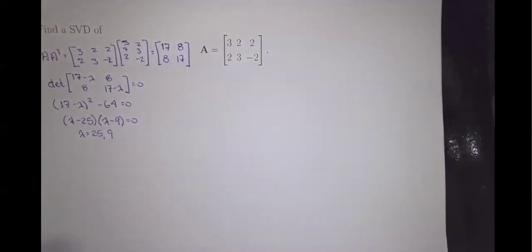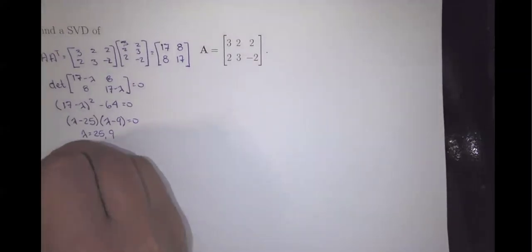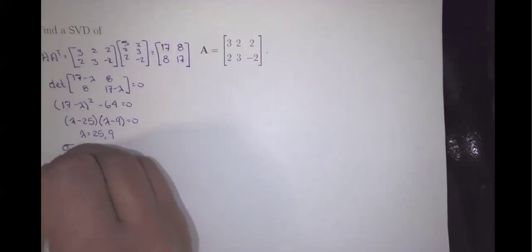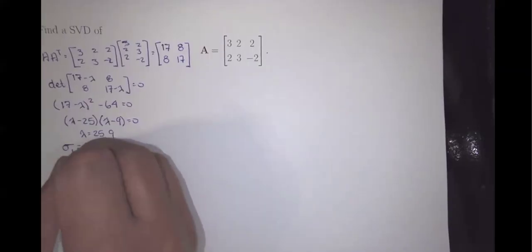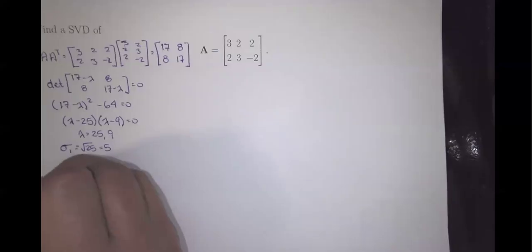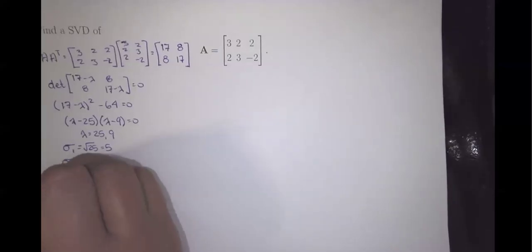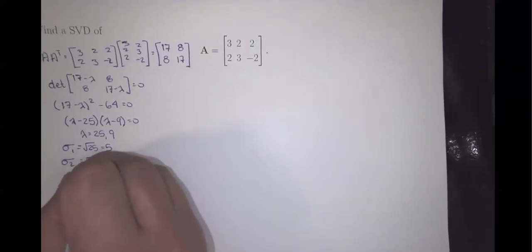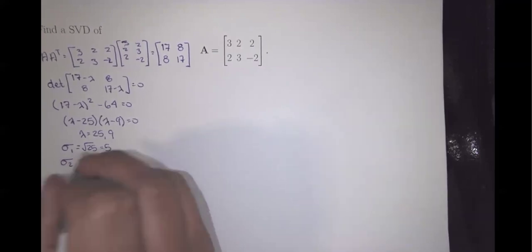So those are our two eigenvalues. And so our singular values, sigma 1 is root 25 or 5. Sigma 2 is root 9 or 3.